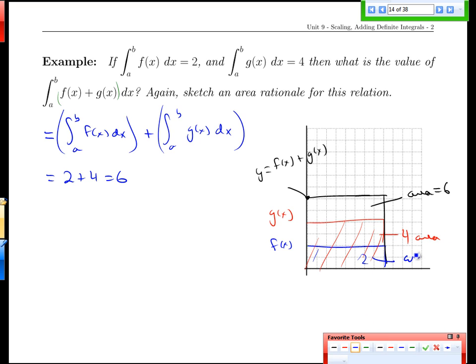Let's get these annotated. And again, it just comes from the stacking vertically of these various pieces. Areas stack vertically, so the areas are added.